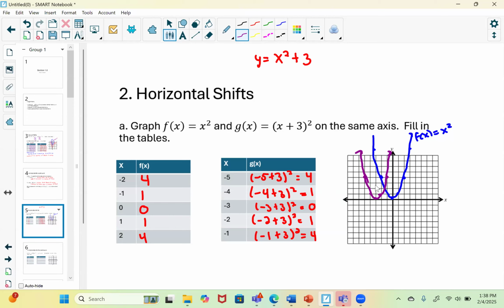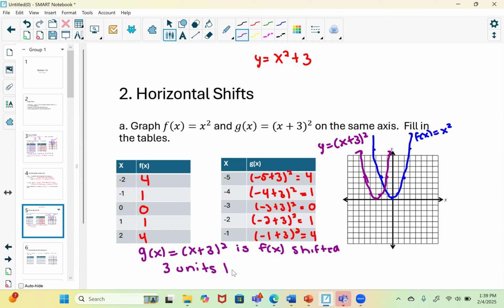Notice it's the same as the blue, except it was shifted. But unlike what you maybe thought, that I would shift it right 3 because it's plus 3, it didn't. It actually shifted it left 3. So g of x equals x plus 3 squared is f of x shifted 3 units left.